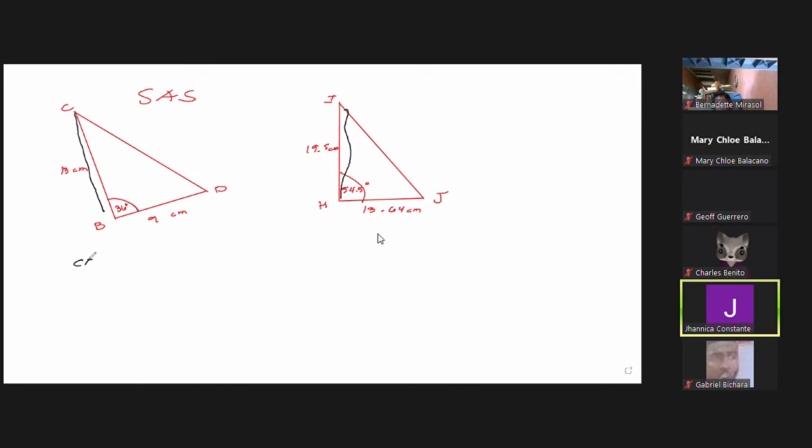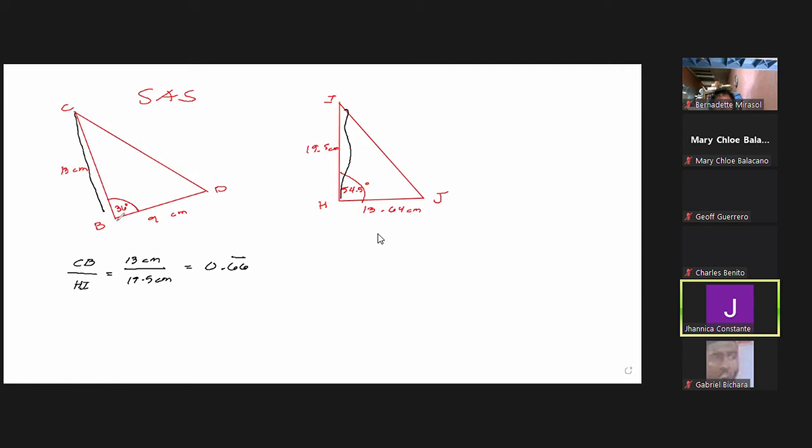So side CB divided by the corresponding side HI is equal to 13 centimeter divided by 19.5 centimeter. The proportion of the two corresponding parts is 13 divided by 19.5, which is equal to 0.66 repeating decimal. So that's the proportion between side CB and side HI.